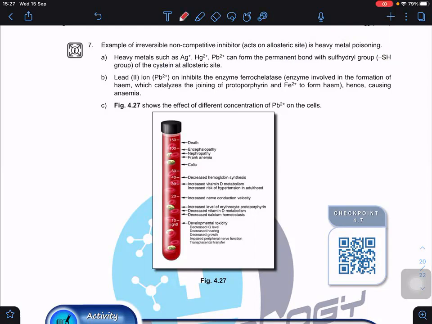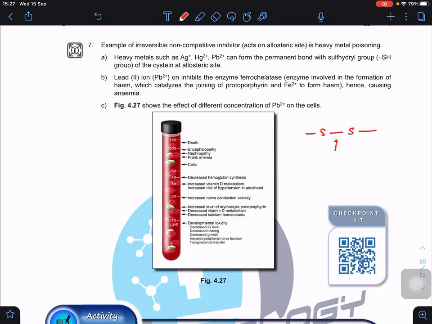Do you still remember, cysteine and cysteine form the disulfide bond, correct or not? So this heavy metal can break the bond between two sulfur atoms, or break the disulfide bond. When it breaks the disulfide bond, it causes the enzyme to lose its precise three-dimensional shape, and then you will know that the substrate no longer can bind to the active site.